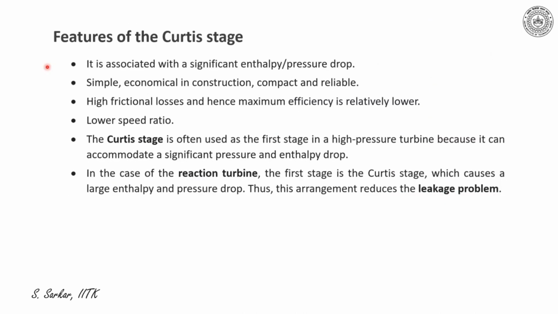Now regarding features of Curtis stage, I would like to say that it is associated with a significant enthalpy and pressure drop. Furthermore, they are simple in construction and thus economical, compact and reliable in operation.